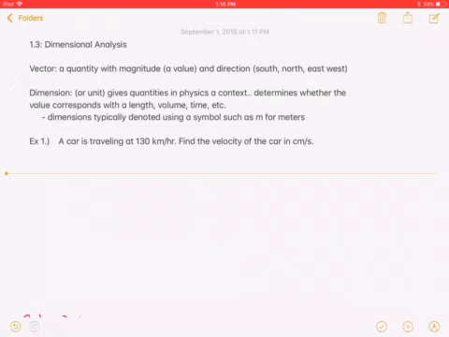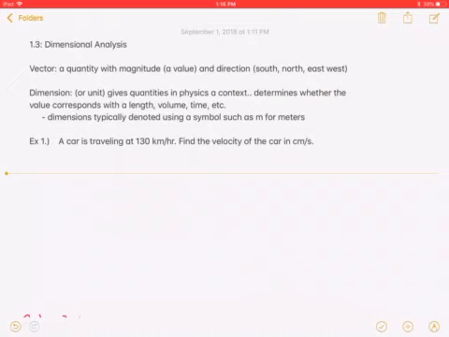So a vector is a quantity with magnitude and direction. What we mean by magnitude is just a value, and direction, especially in kinematics, is going to designate north, south, east, west. Sometimes you use a positive or a negative sign to denote a direction. And then dimensions are also part of that vector or scalar quantity.